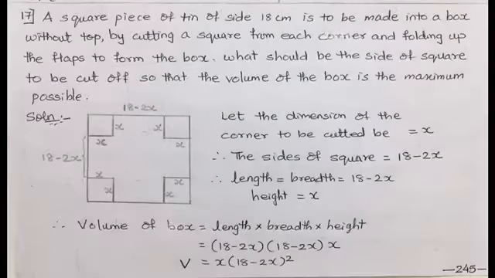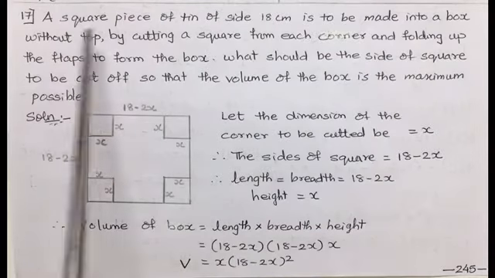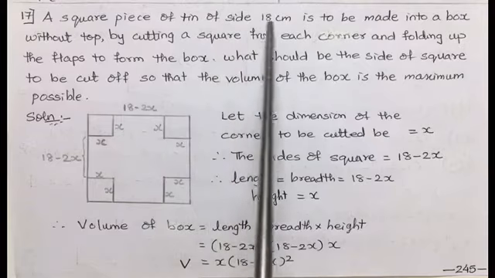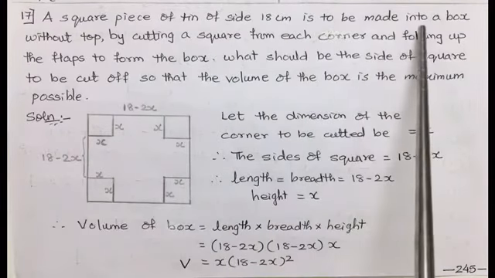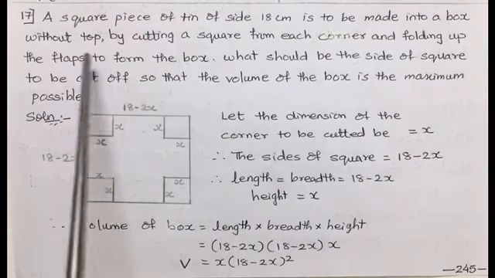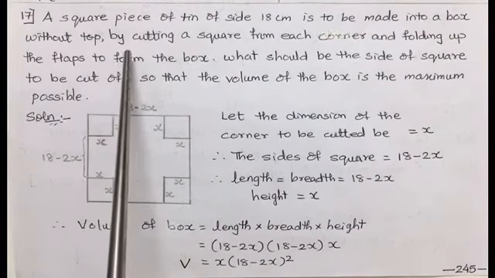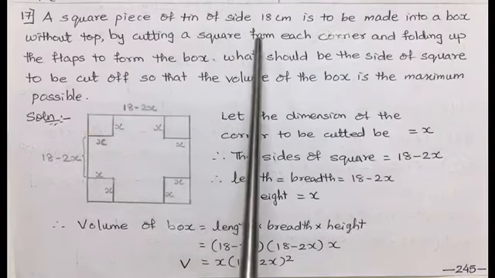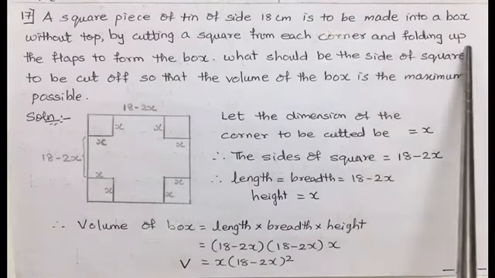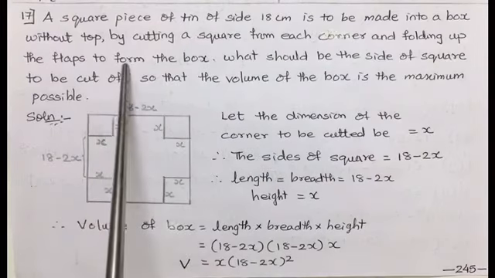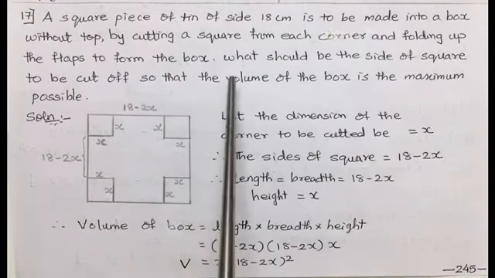17th question is, a square piece of tin of side 18 cm is to be made into a box without top by cutting a square from each corner and folding up the flaps to form the box.